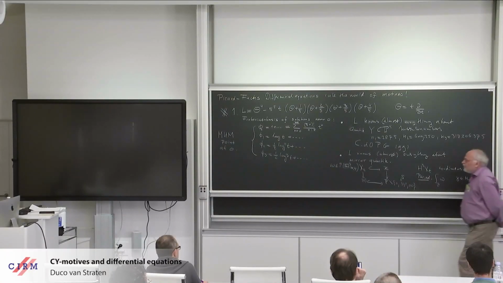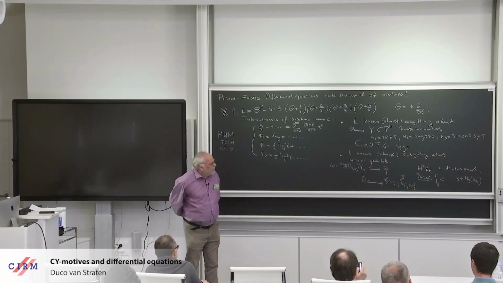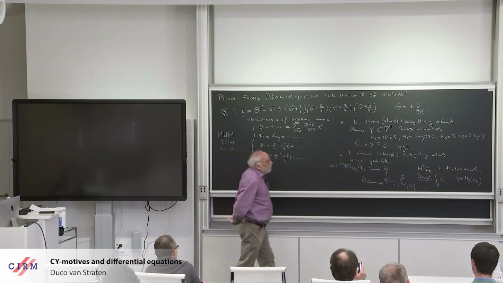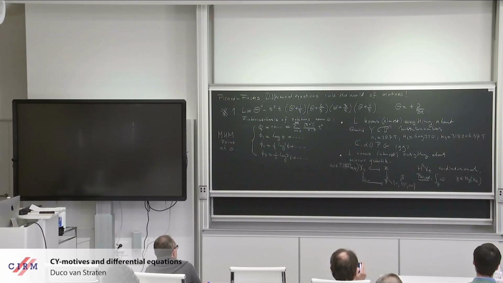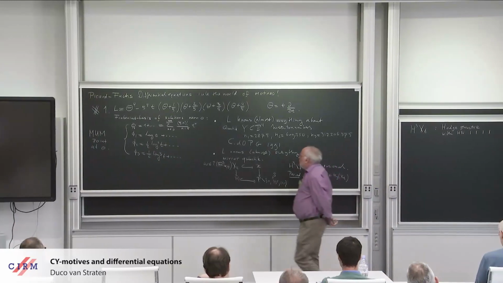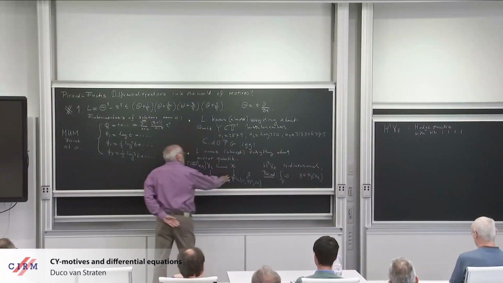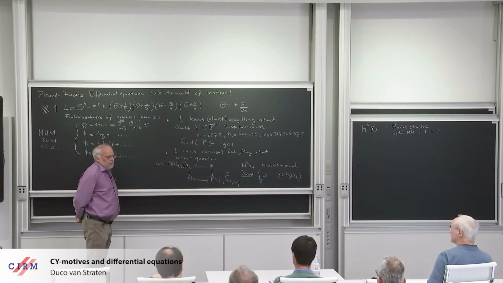The fact that you have such a MUM point and a variation of Hodge structures forces, in fact, this Hodge structure to be of this type. So all Hodge numbers are 1. And this family of varieties, this is the mirror quintic family. You can write it down in equations, and the equations are defined over Z.